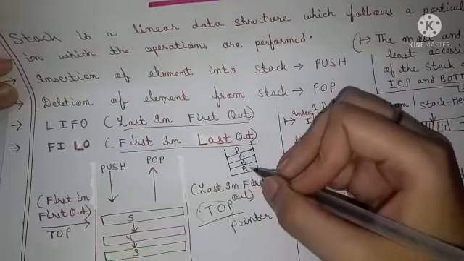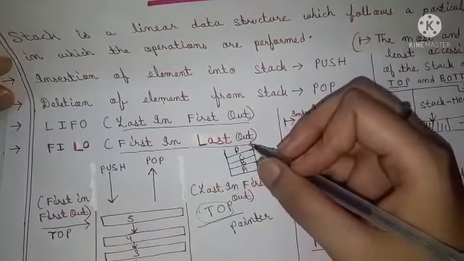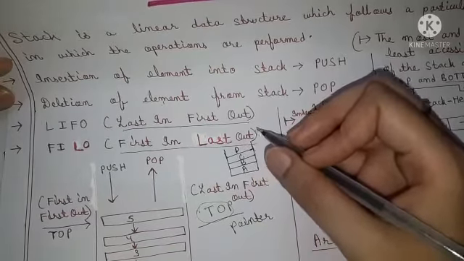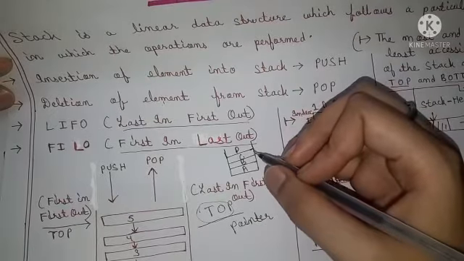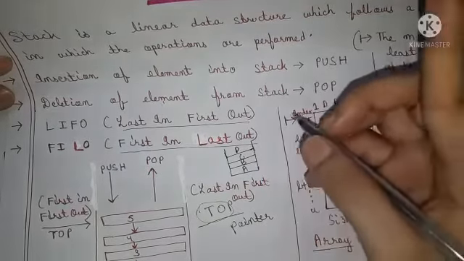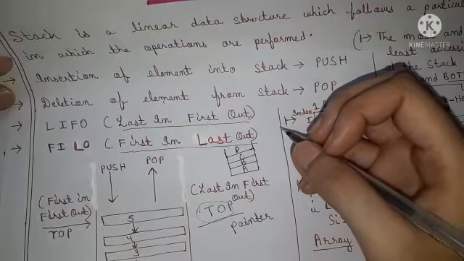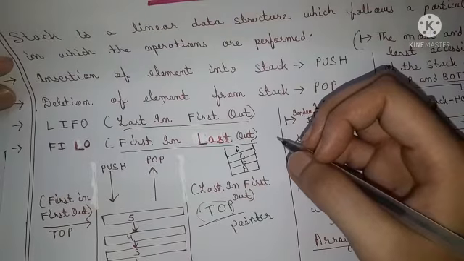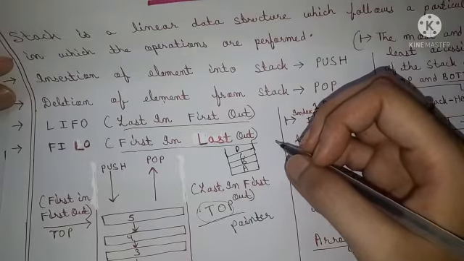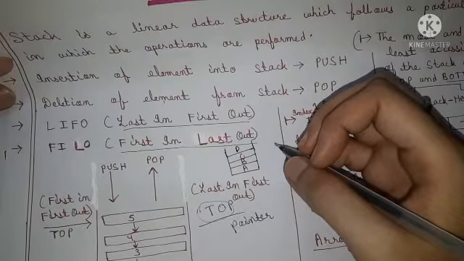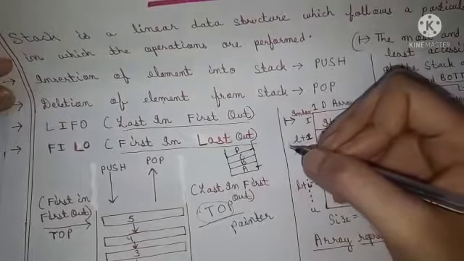As I said just now, both the process of insertion and deletion take place only from one side of the stack, that is the top of the stack. So the element which is inserted, pushed into the stack first will be at the bottom of the stack.